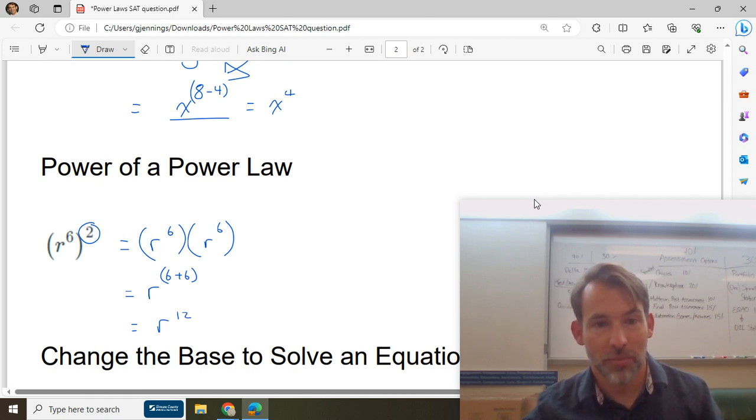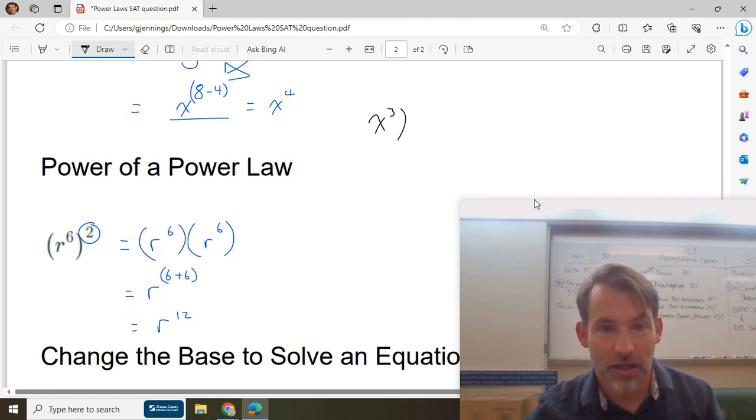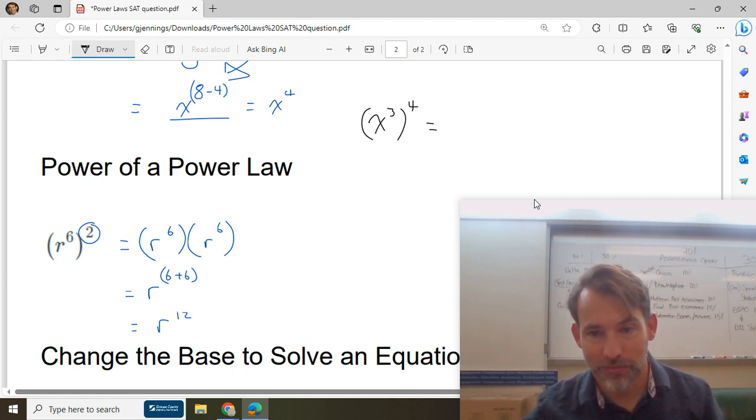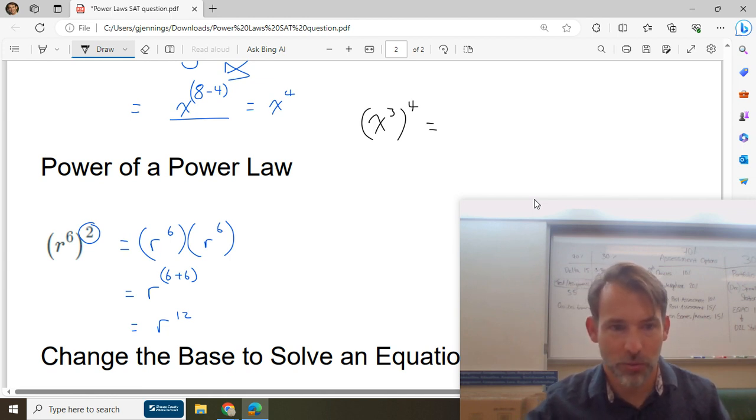Now what would happen if I had, say, let's go with a new color, x to the 3 to the 4. Well, in this case, I can write it out again and expand it all, but I really just want to know the rule here. Here I'm noticing that I have 2 6's, and I have that many 6's.